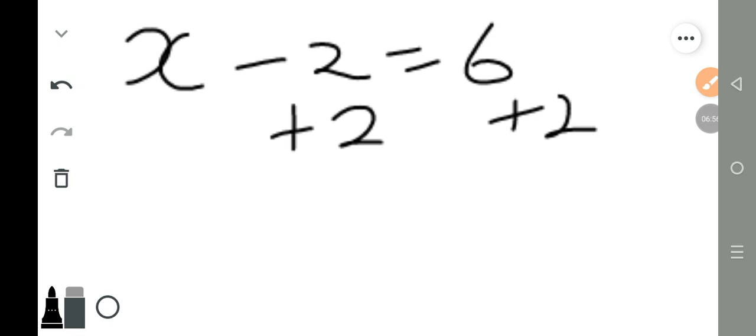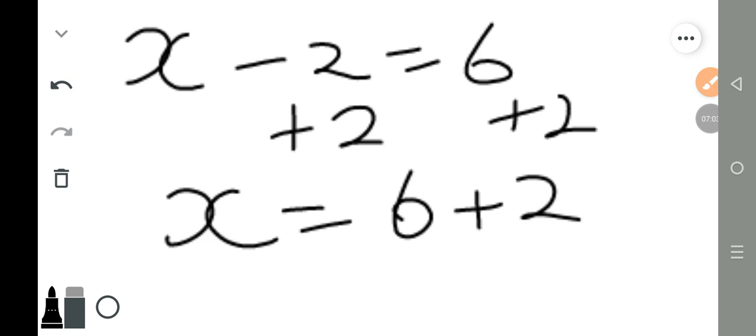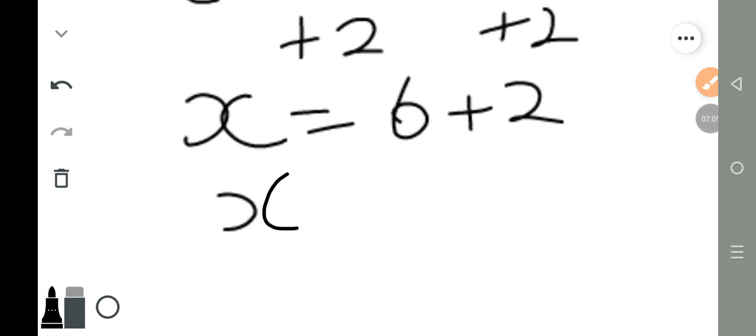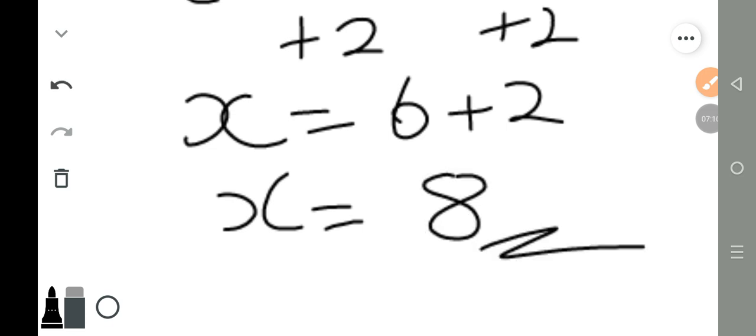When you move the minus sign to the other side, it becomes plus. So you have x equals 6 plus 2. And 6 plus 2 is 8. So your x becomes 8.